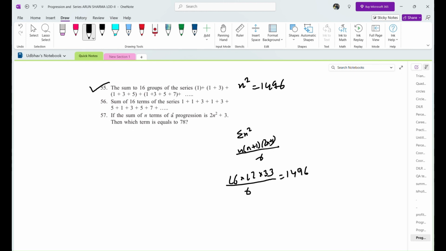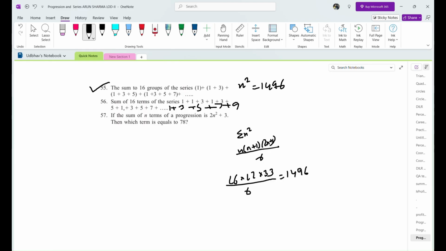The sum of 16 terms of this series 1, 1, 3, 1, 3, 5, 1, 3. It's a similar question, but here we are told to find the sum till 16 terms, not 16 groups. Here the 16 terms will be 1, 2, 3, 4, 5, 6, 7, 8, 9, 10. After 7 it will be 1 plus 3 plus 5 plus 7 plus 9.